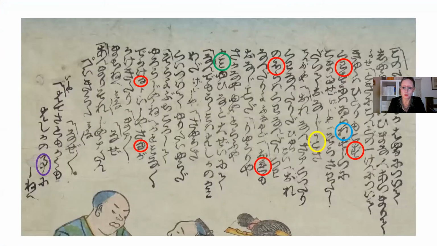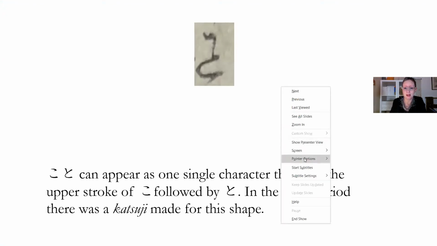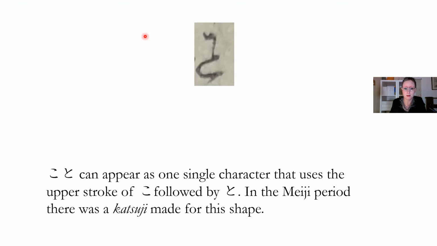Now I'd like to talk to you about this yellow thing. The yellow thing is actually a double kana. It is ko and to together. Pretty much what happens is that the upper part of ko is there.